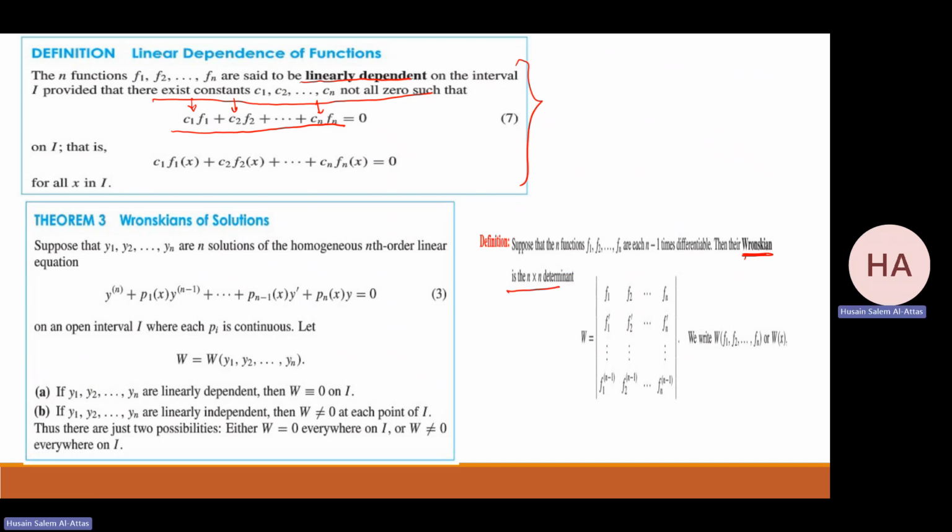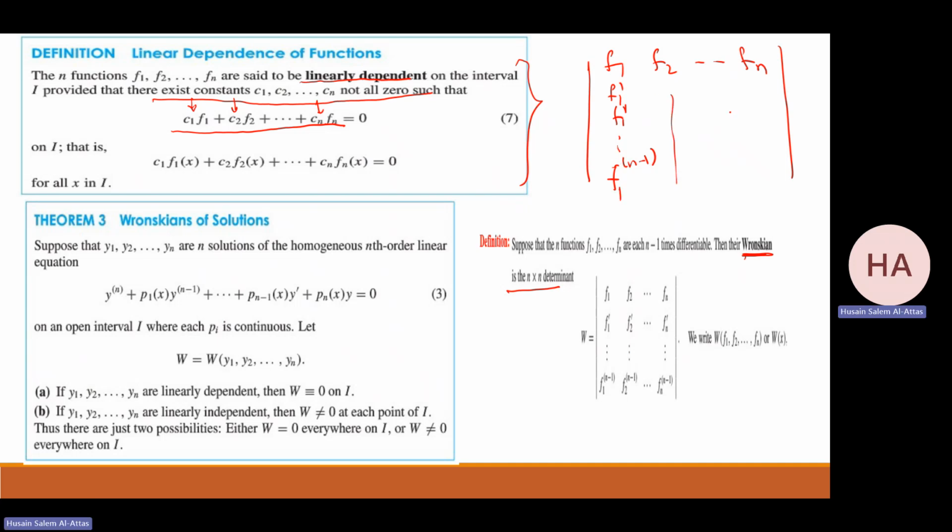What is the Wronskian? Easily, you list the functions. Assume you have n functions, and you list them as a row, but as a column, you list their derivatives. So you have f1 prime, f1 double prime, until the n minus 1 derivative of f1.